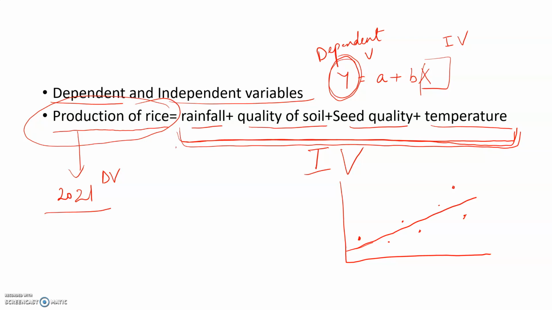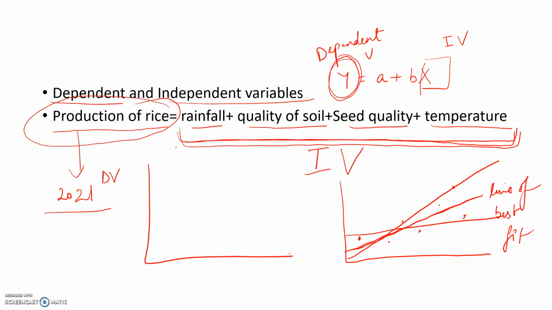So how will we define our line of best fit? This regression line is also known as the line of best fit. How will I know that this is my line of best fit and not this one or this one, right? There is a rule called least squares estimation, which says that the deviations of these actual values from the line of best fit, I can use a subtract function and find out the deviation, right?